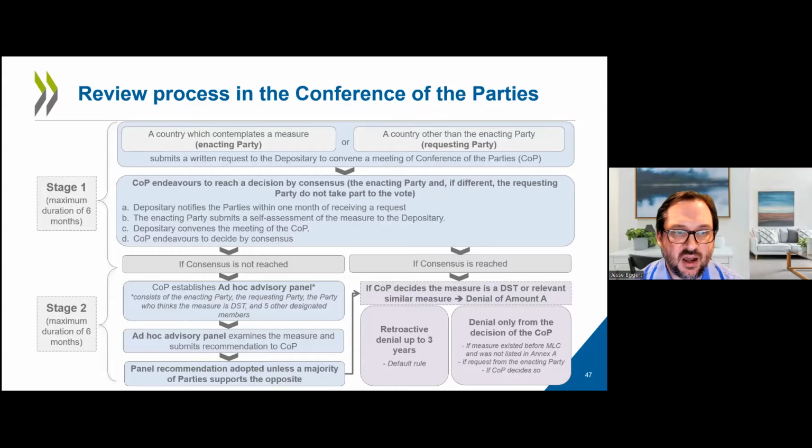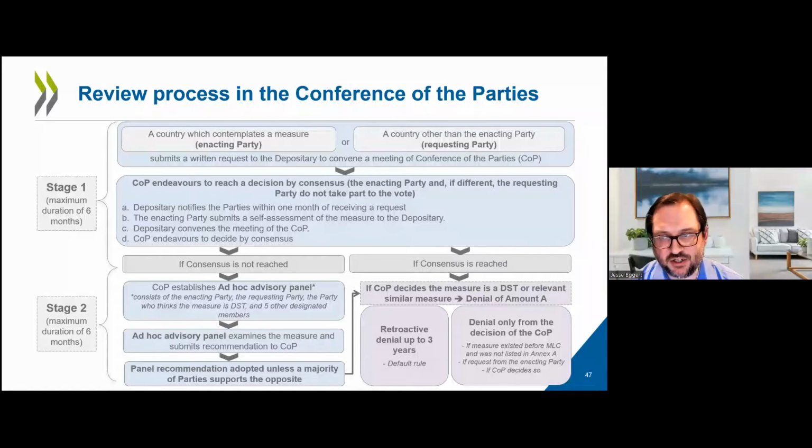And by default, Amount A will be denied if it is found to be a DST. It'll be denied retroactive to the first period in which the DST was enforced, subject to a 3-year limitation. So if measures are only brought up years after they've been operating, then you only reach back 3 years. There is the possibility for prospective application only under limited circumstances, though.